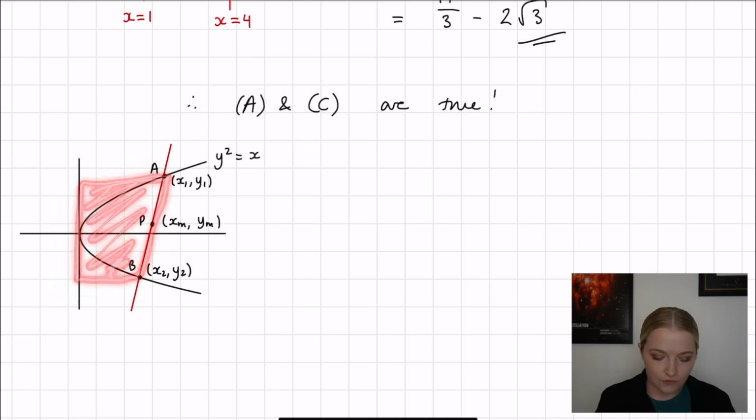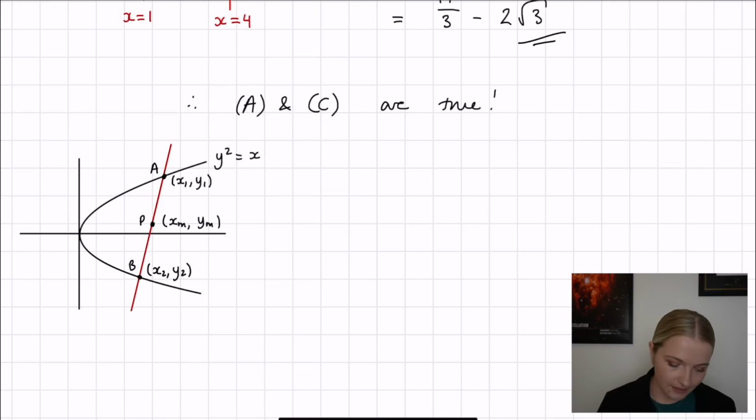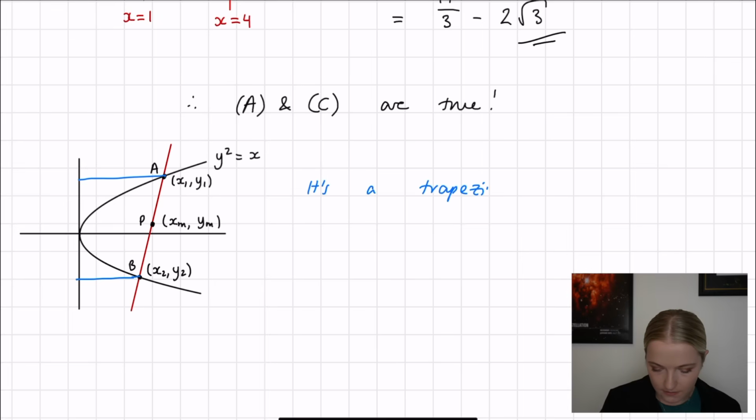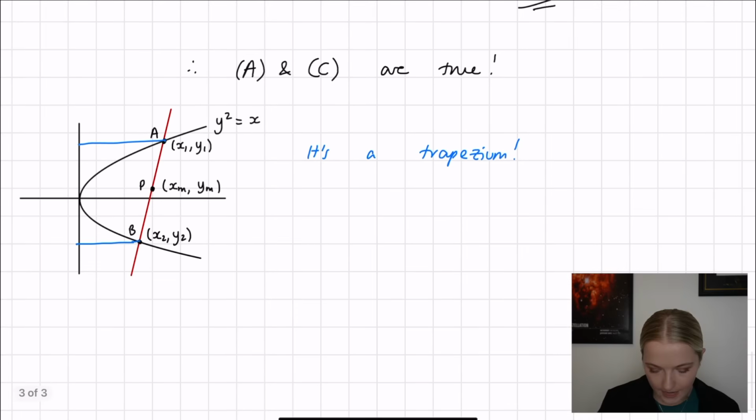And so we can use what we're given in the question to calculate that area. So I'm going to draw some lines on here and say it's a trapezium.